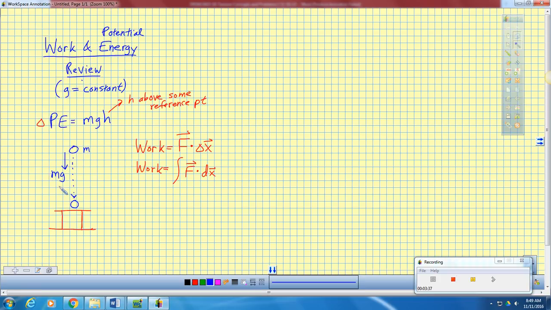And so when it's doing work, since it's a conservative force, what is it doing with the mechanical energy of that system? Okay, it's changing, since gravity is conservative, it changes the form of the mechanical energy, not the amount of mechanical energy.